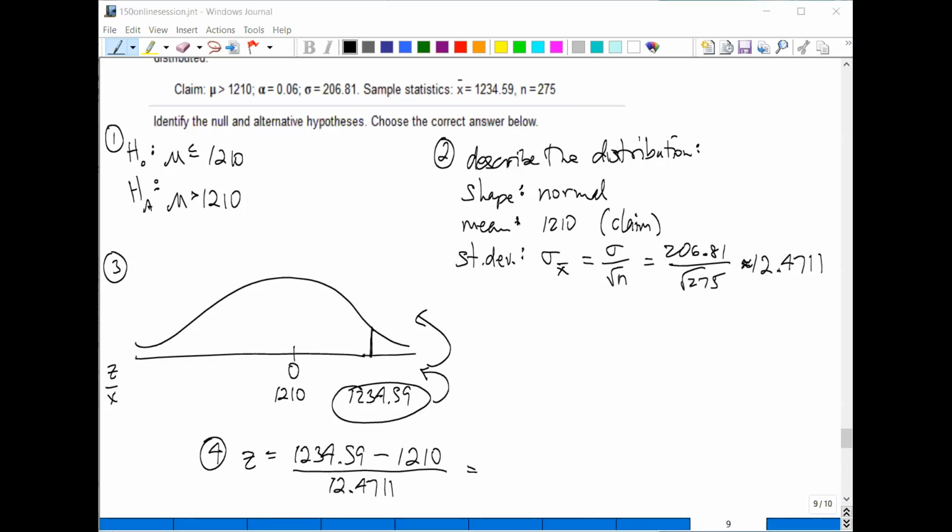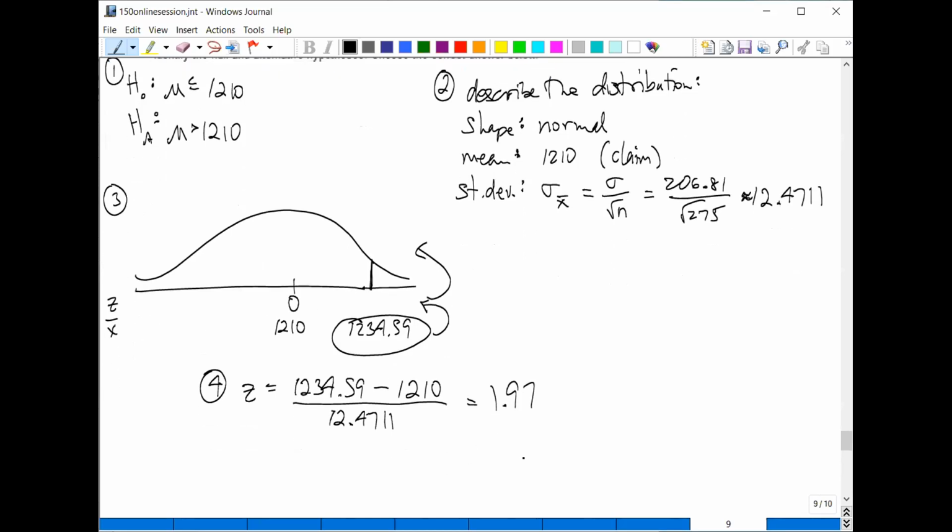And then once again, you got to pop this in the calculator. And that gives you 1.97. So you can do Z to as many decimal places as you like, but the typical thing is 2 places. Either way is fine. And then from this, we have to go and figure out what the area values are. And we talked a lot about that before.